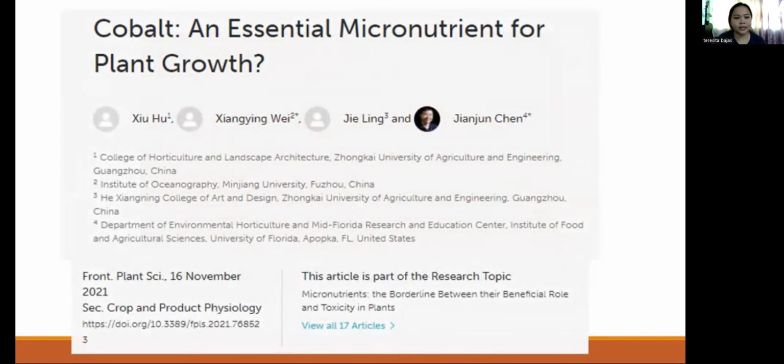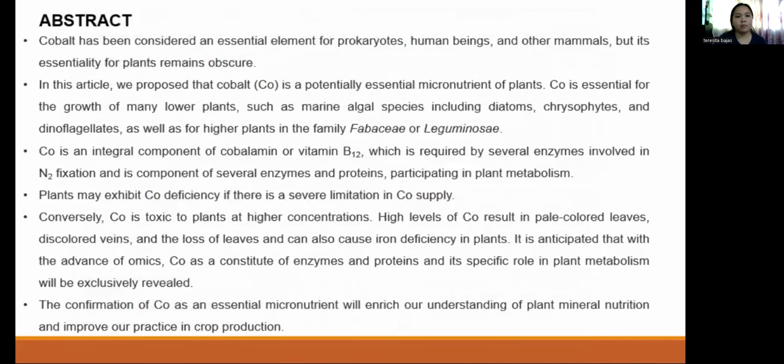Ayan po. So ito po ay isang article na part ng research topic nila, Xu Hu, Xiangwei, Jiling, Jianjun Chen, mula sa College of Horticulture and Landscape sa Guangzhou, China. Ang title po ay Cobalt, an Essential Micronutrient for Plant Growth. Sabi dito, cobalt has been considered as an essential element for prokaryotes, human beings, and other mammals.